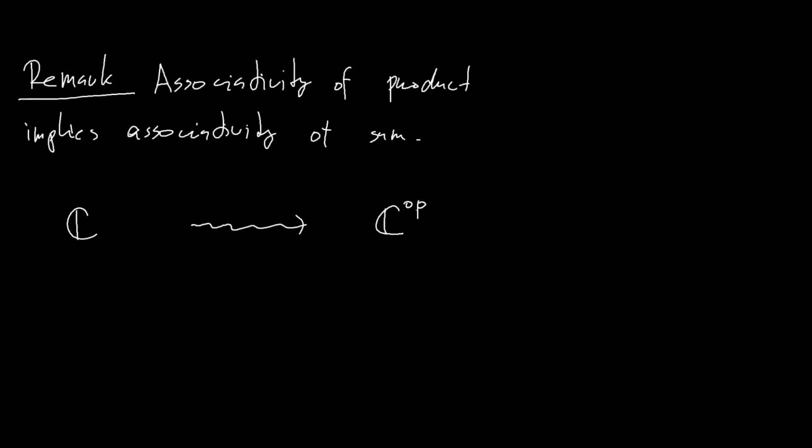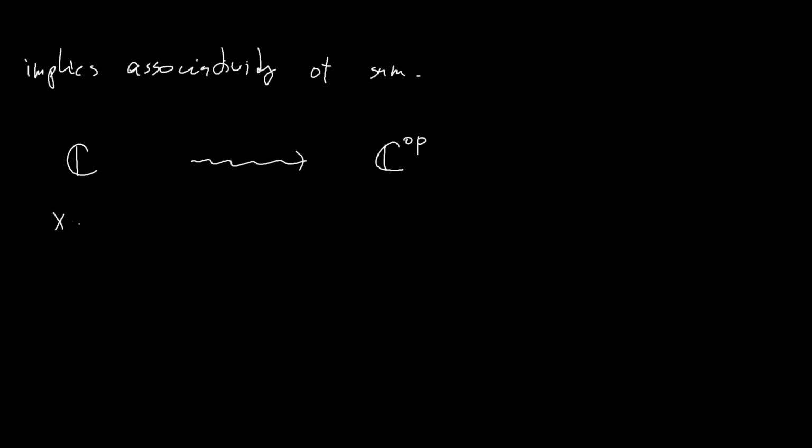The objects are the same, the morphisms are the same also, but they go in the opposite way. So for instance, when I have a morphism from X to Y here, in the dual category, that same morphism F will be a morphism from Y to X.